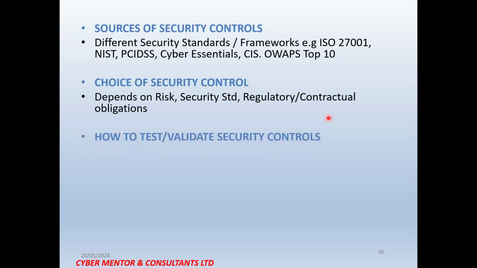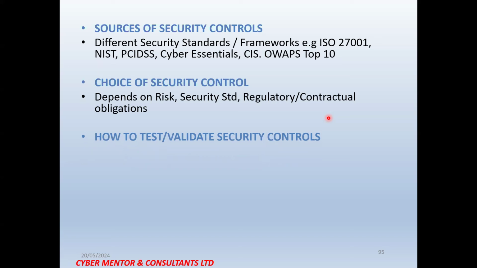And also, let's look at how to test. How do you test controls, or how do you validate that the controls are working as they should? Basically, there are a couple of ways, because normally if you implement a control, you want to see that it's working as intended.